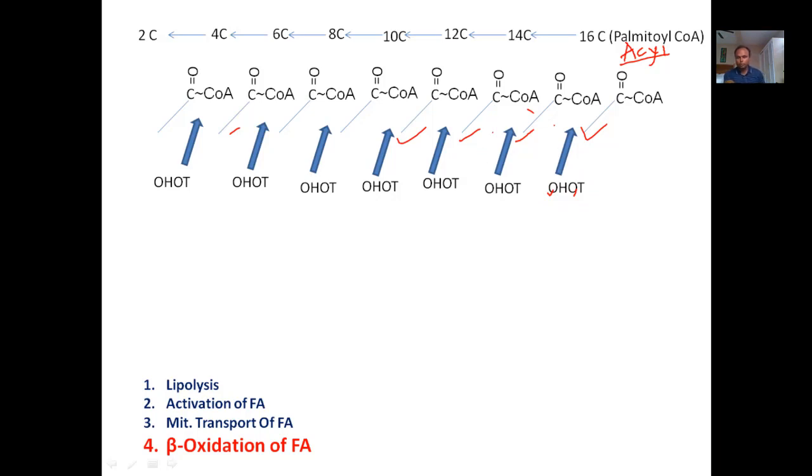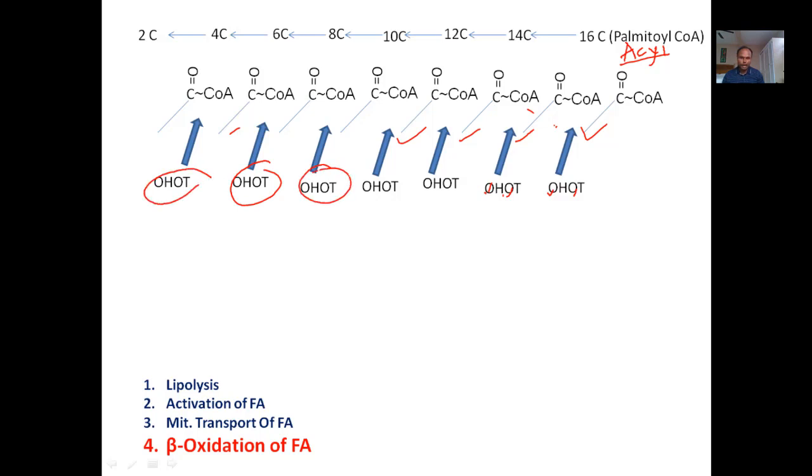These bonds require two oxidation reactions: O, O, H, O, T. O for oxidation, and this O also is oxidation. Oxidation, hydration, which is addition of water, then oxidation, and thiolase reaction. Thiolase means bond breaking reaction. So remember this, the OOHT reaction.